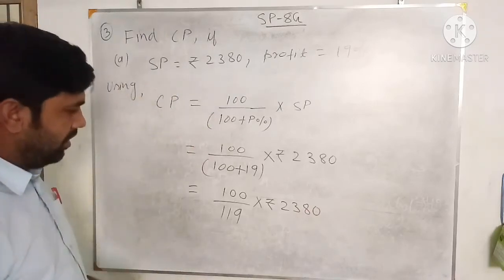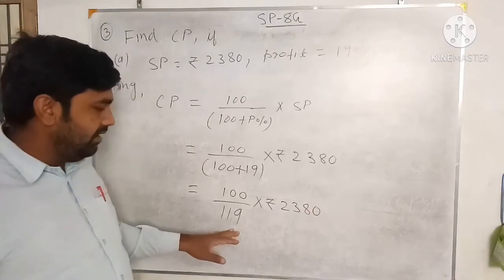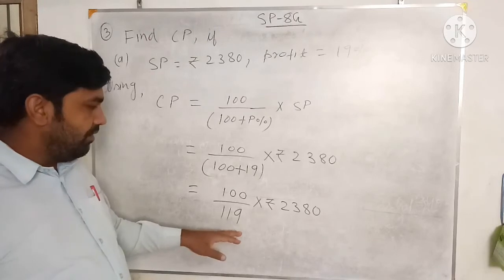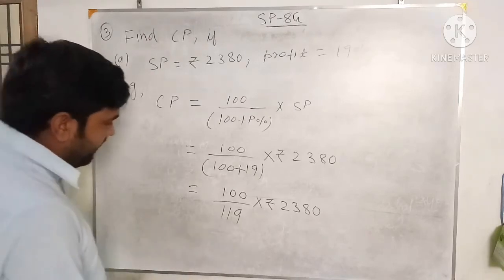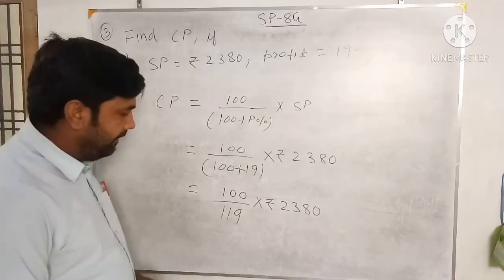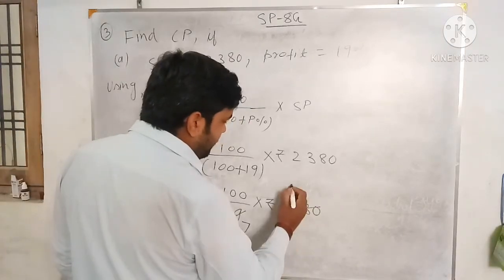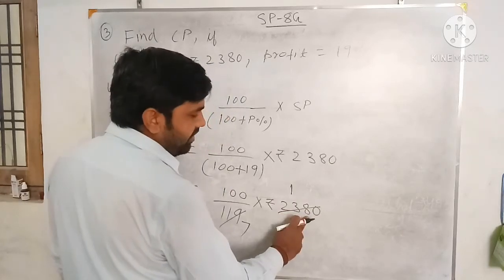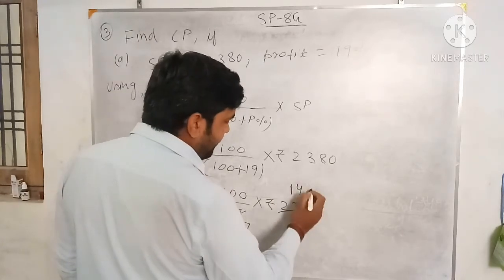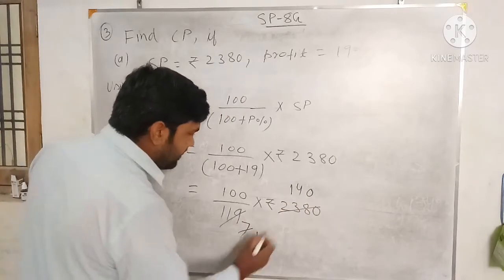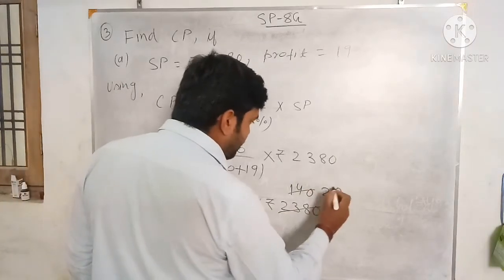This will be cancelled in the 17 table, and from 7 also it will cancel. 17 sevens are 119. 17 ones are 17, 17 fours are 68, 17 zeros are 0. Now 7 ones are 7, 7 twos are 14, 7 zeros are 20.